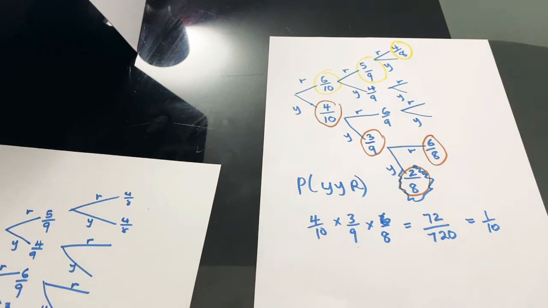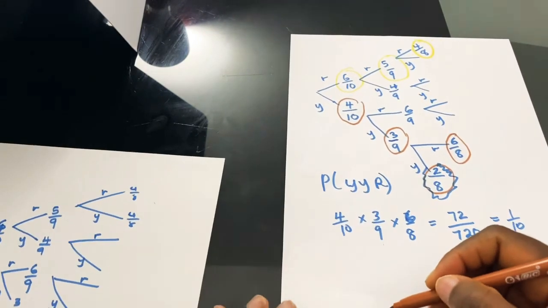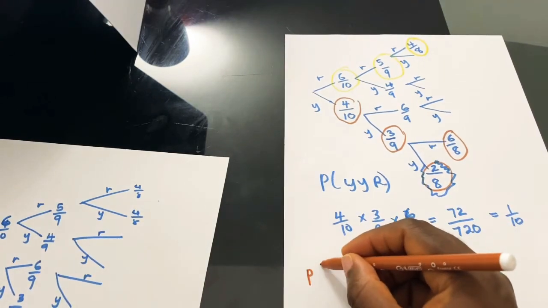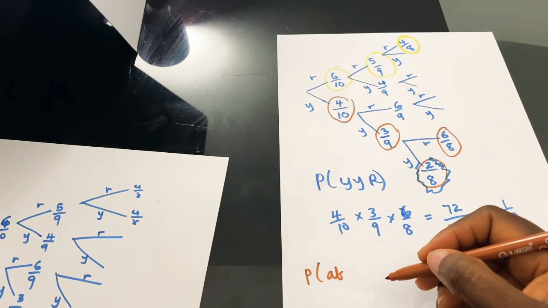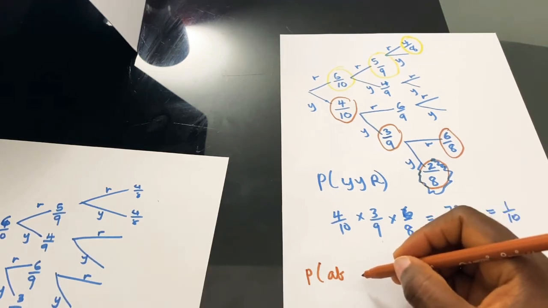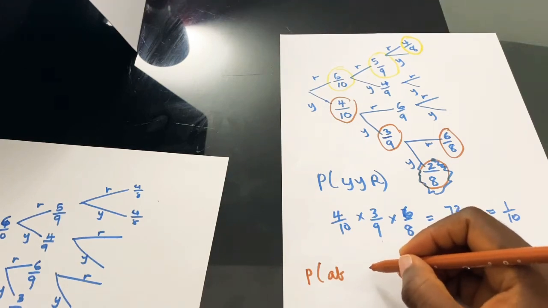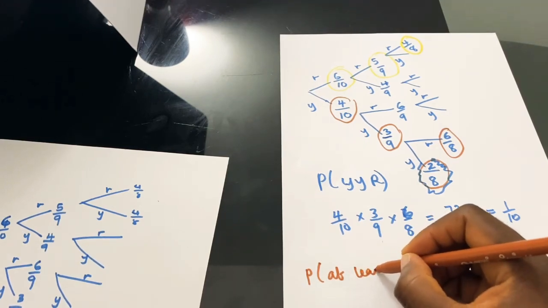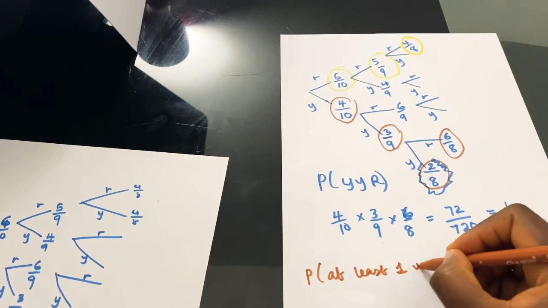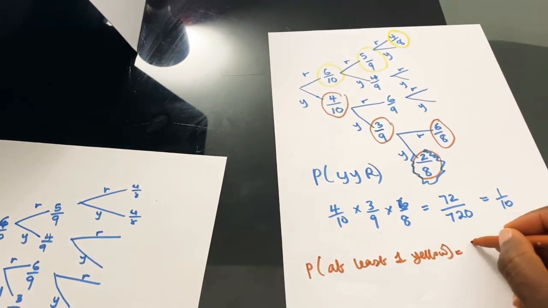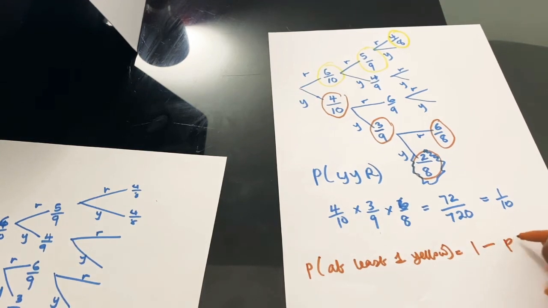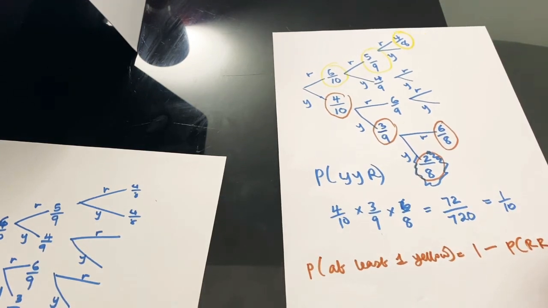So the probability of at least one yellow would be equal to 1 minus the probability of red, red, red.